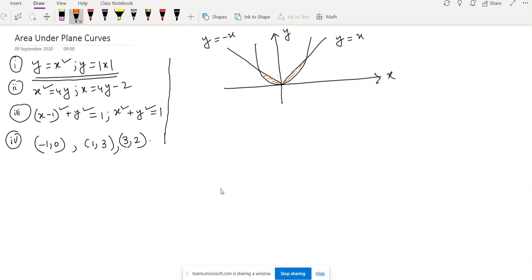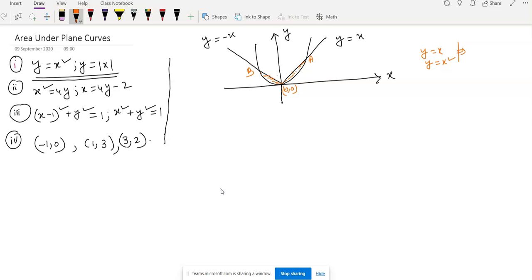Now all of you can see that both the curves are symmetric about the y-axis, because if you replace x by minus x, the equation remains the same in both the cases. So finding the area will not be difficult here. We'll just find the point of intersection of y equal to x and y equal to x square.